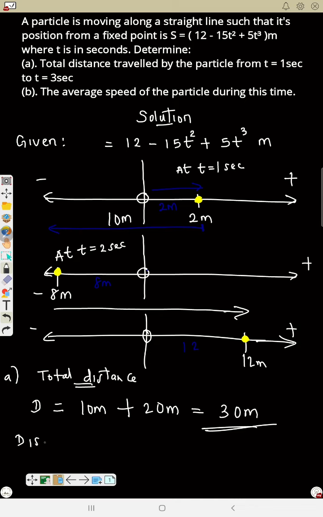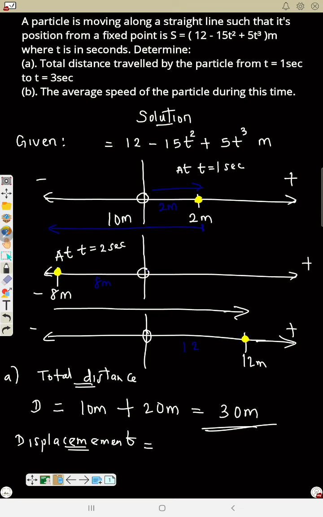Though the question did not ask us for displacement, I'm just doing the displacement. Displacement is the shortest distance between the final position and the initial position.